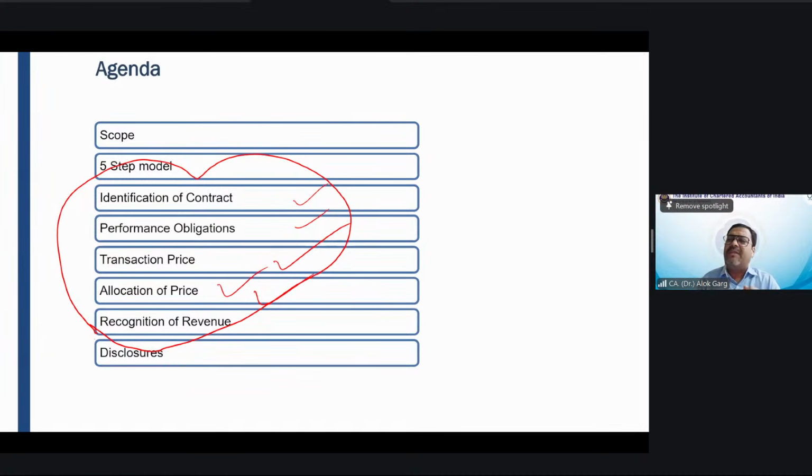You remember input method, output method we discussed in our detailed class, okay? So my dear friends, these kind of aspects we discussed in the 5-step model. Identify the contract with the customer, okay, then determine the performance obligation, determine the transaction price, allocate the transaction price, and recognize the revenue at a point in time or over a period of time.